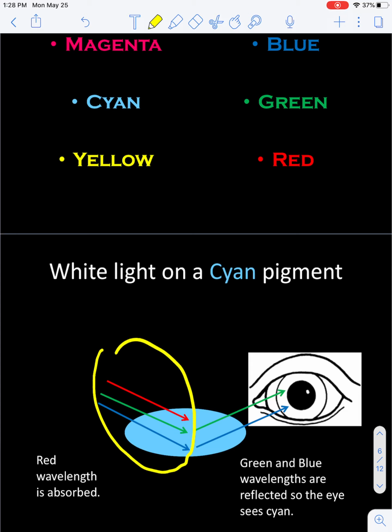Well, the two colors of light that make cyan are green and blue. So if we see cyan, those two colors are reflected into our eyes. Now the red, which is part of the white light that's shining on that cyan pigment, is absorbed or subtracted away. And then we're just left with the green and blue wavelengths. That's why we see cyan.